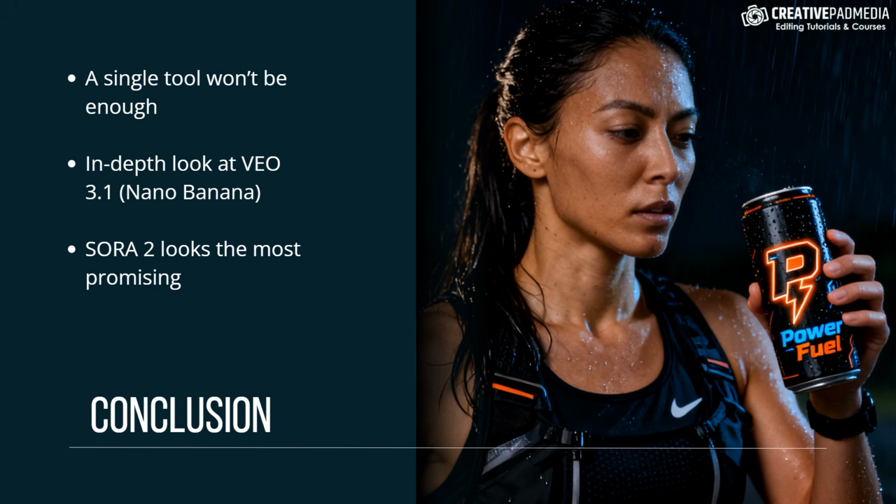But if I had to pick out one of these tools right now, the one to keep an eye out on, it undoubtedly is Sora 2, simply because we haven't seen an AI video platform being able to produce such complex results out of a single prompt and still keeping things extremely consistent. Its only downside is that right now it cannot use images of photorealistic people.